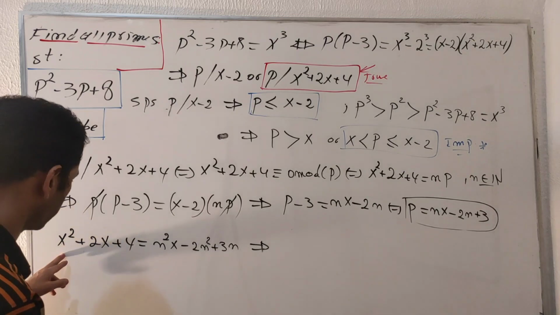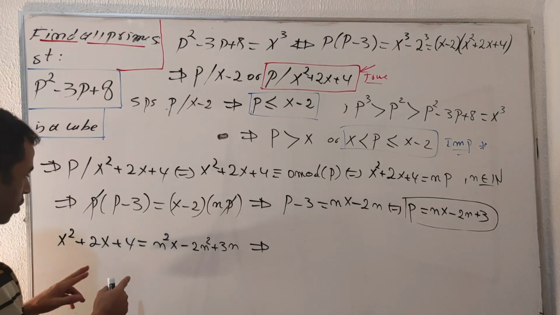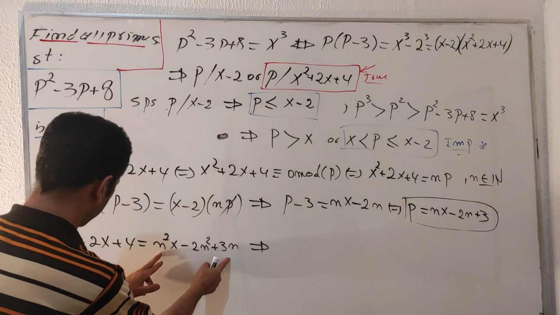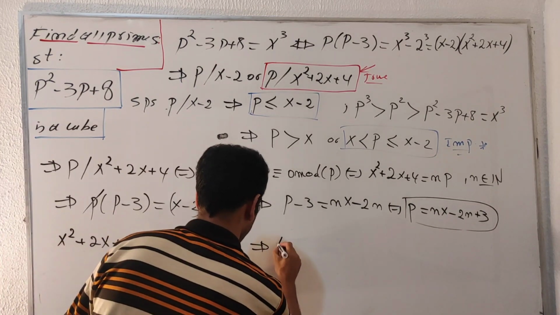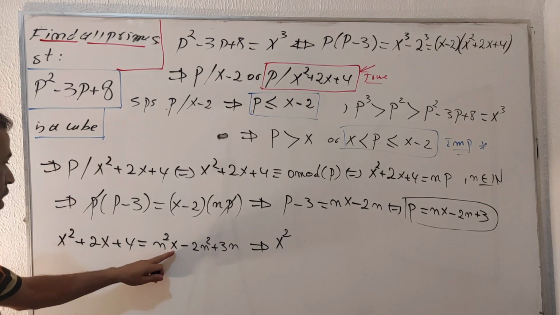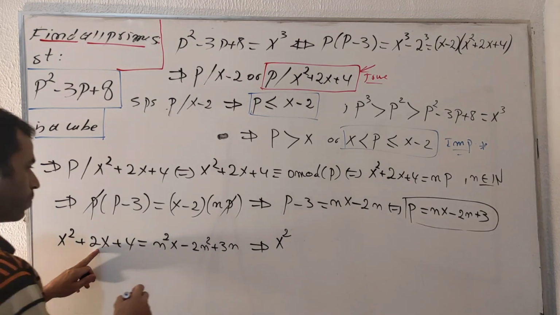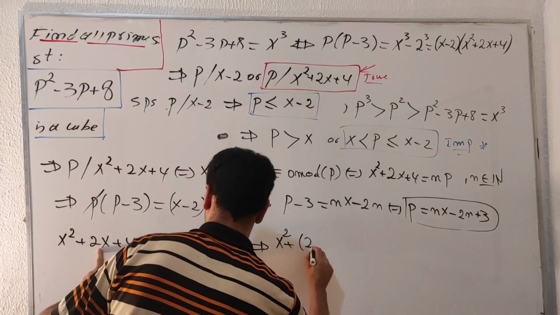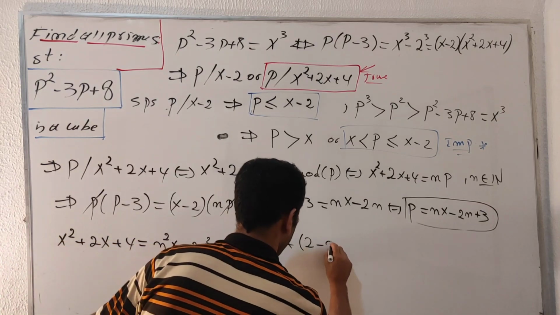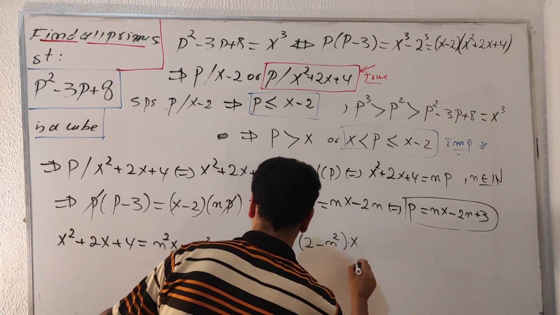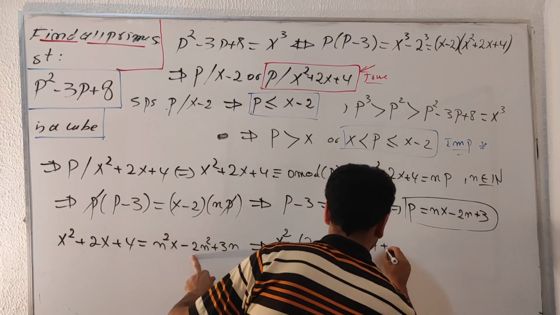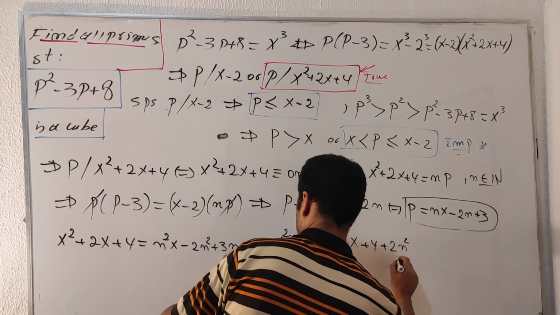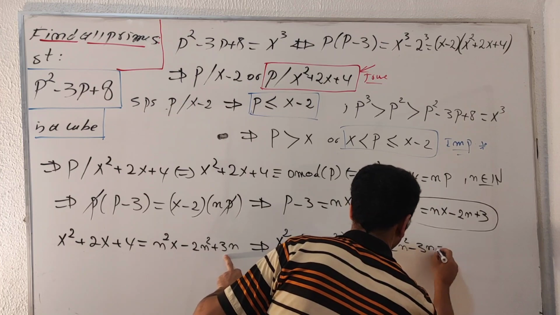So if I'm going to do that, I'm simply going to move this object over to the left. So I get here x squared, then take x as a common factor, plus (2 minus n squared) multiplied by x plus 4 plus 2n squared minus 3n equals 0.